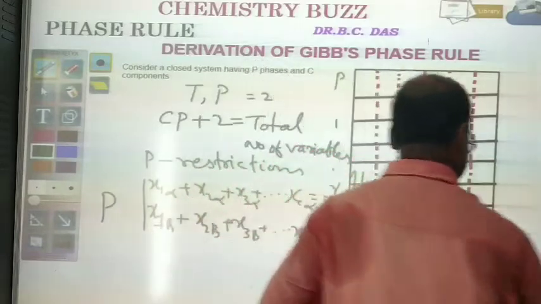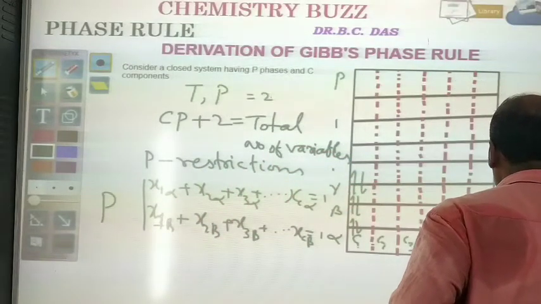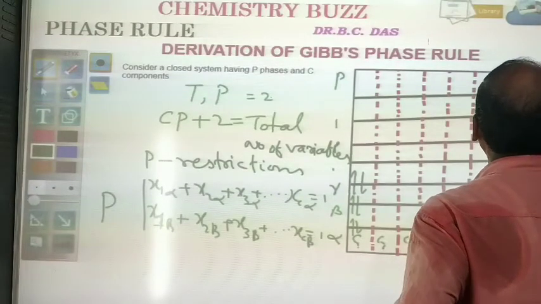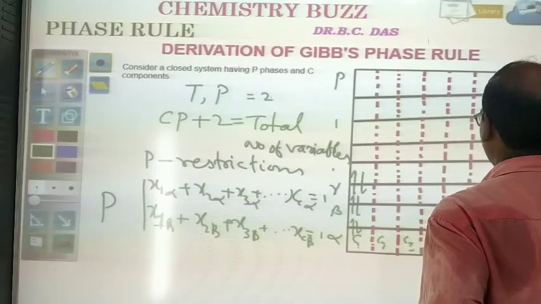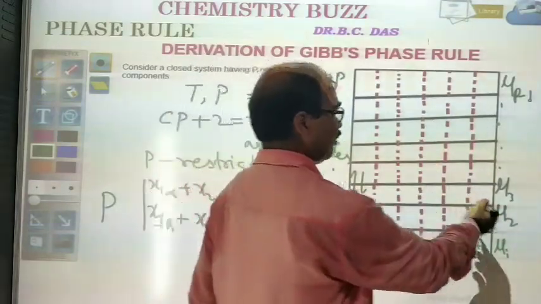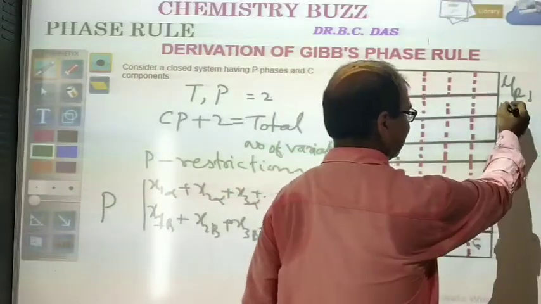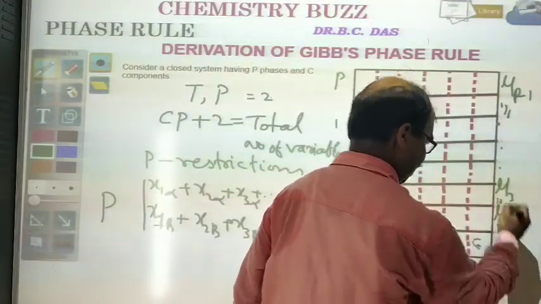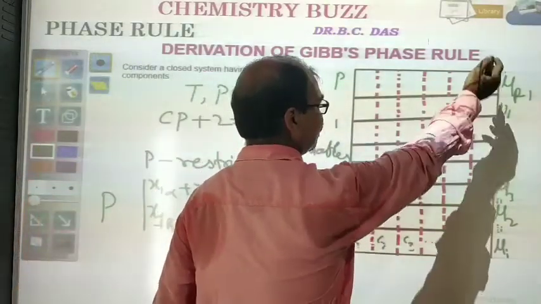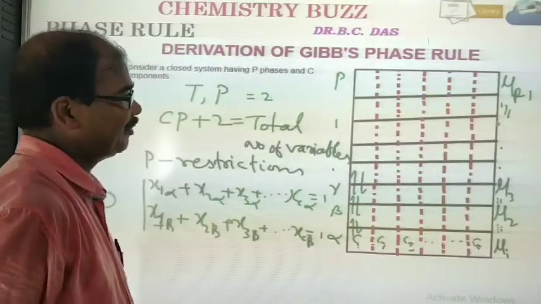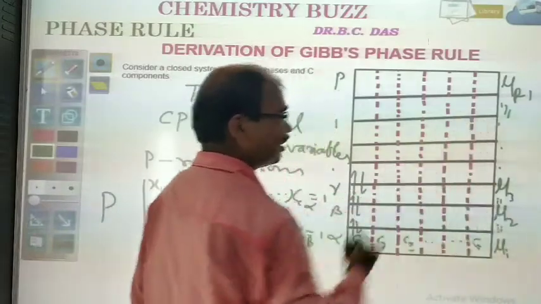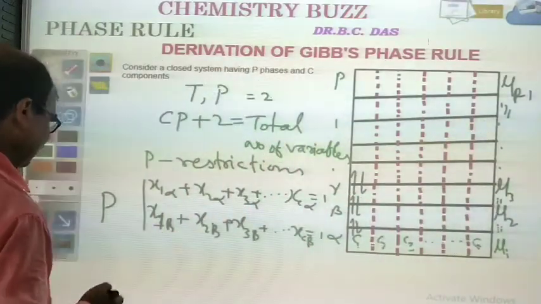We have already derived the chemical potentials, mu1, mu2, mu3 up to mu (P minus 1), each equal to the next. So for each component, the number of equilibriums is P minus 1. For C components, how many equilibriums are there?